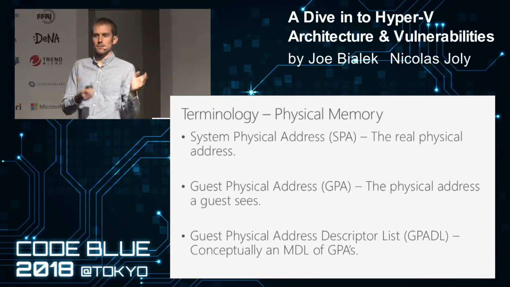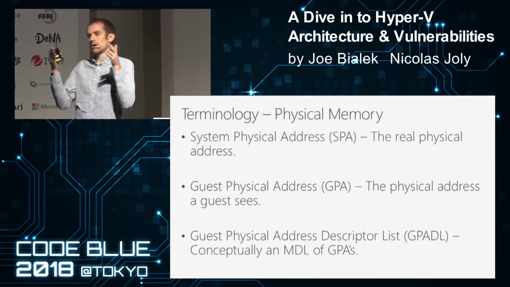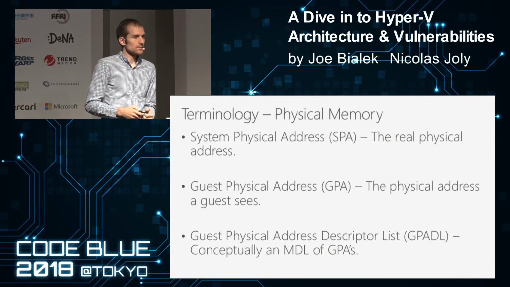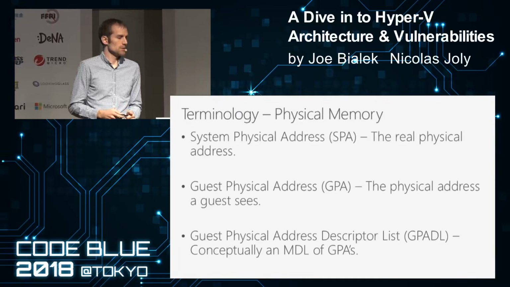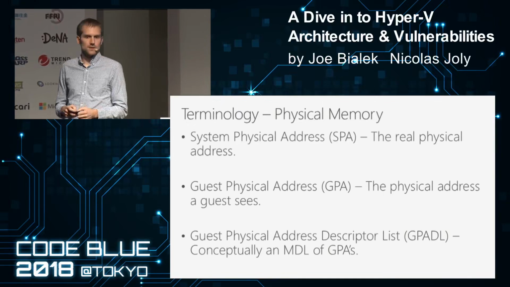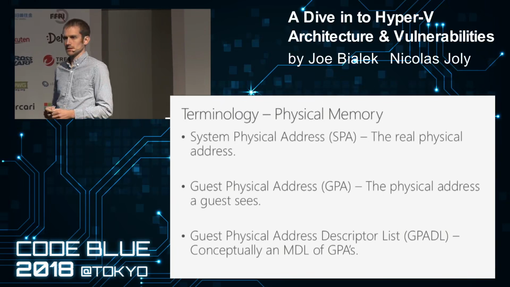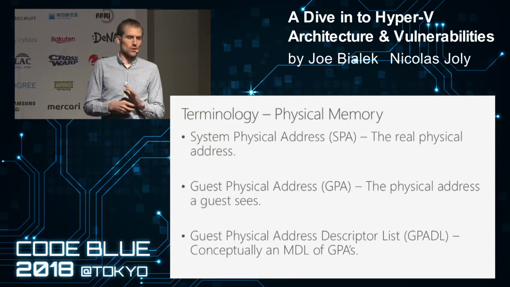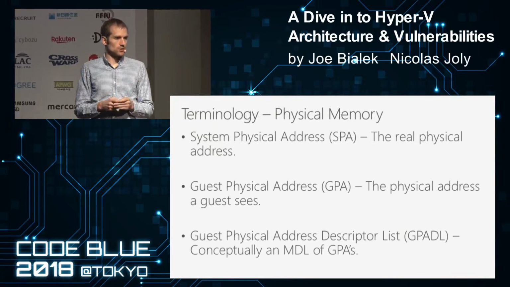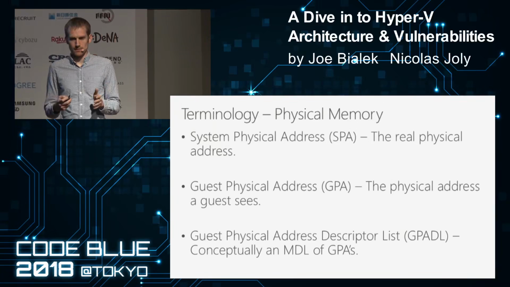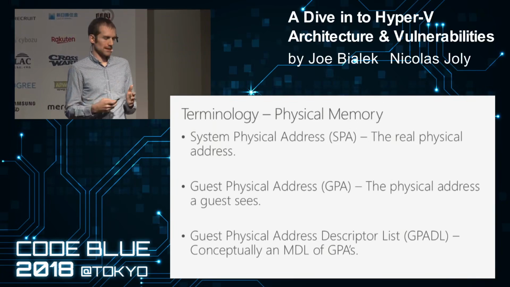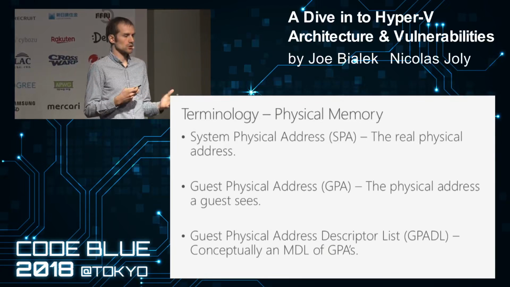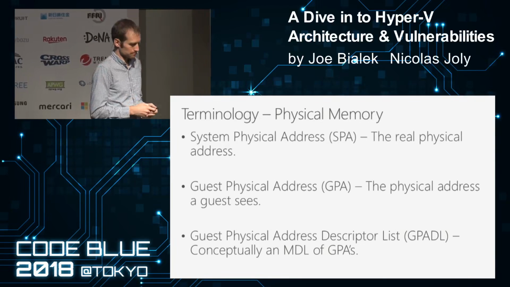So the hypervisor can map a guest physical address onto a system physical address. We also have something in Hyper-V that we call GPADLs, or guest physical address descriptor lists. If you're familiar with Windows kernel development at all, these are extremely similar to an MDL conceptually. It is just a structure that contains a list of guest physical addresses, and it's used to describe some guest physical memory.